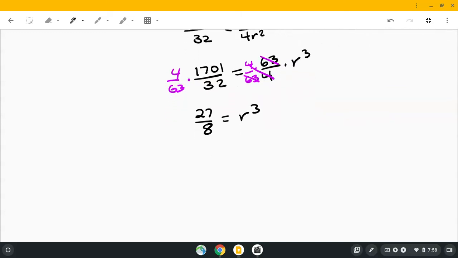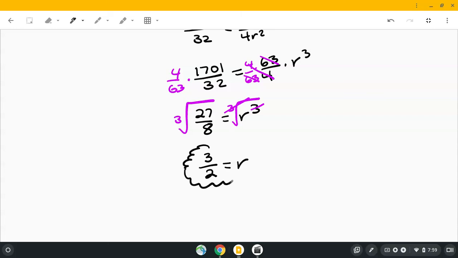And now I have to take the cube root of both sides. So if I take the cube root over here and the cube root over here, these will undo each other. And now cube root of 27 is 3, cube root of 8 is 2. So r equals 3 over 2.